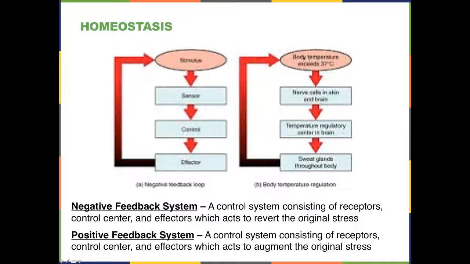Here's the temperature going up. It senses the temperature going up and sends out sweat glands and increased perspiration to decrease the temperature. So you start out with a rise in temperature and you work to decrease the temperature. So that's a negative feedback loop.